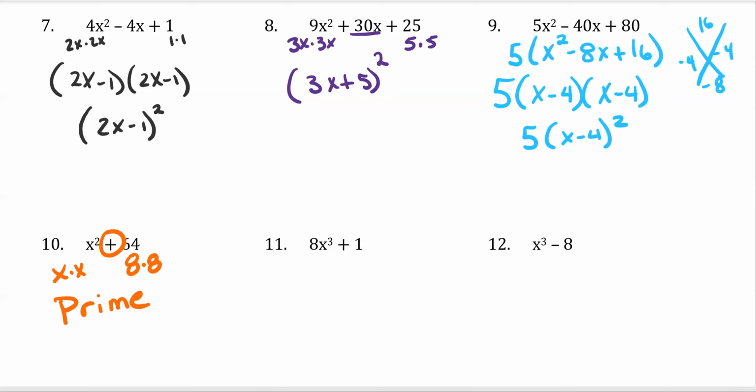Number 11. 2 terms. 8x cubed. This is a sum of perfect cubes. First factor is 2x plus 1, same sign that is in the problem.